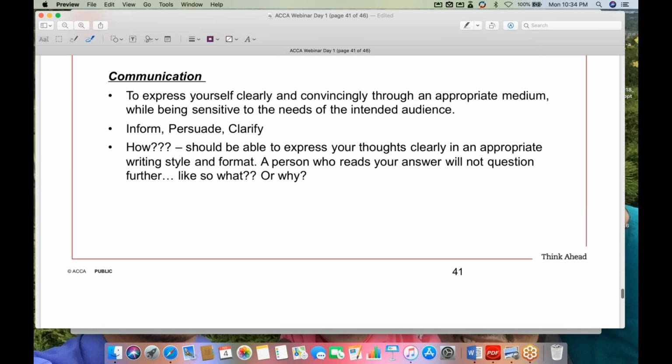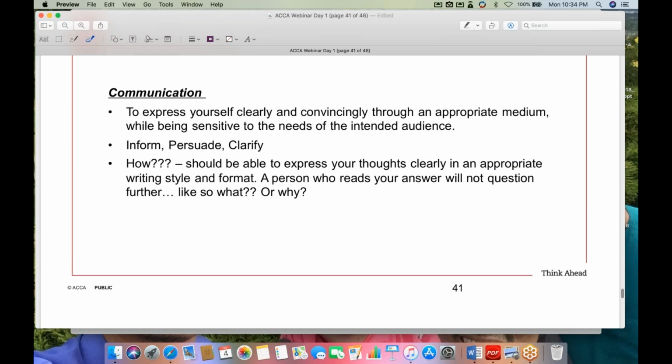Okay, the last part that I mentioned to you, when it comes to communication, you must remember that when you explain something, don't let a person who reads your explanation ask you back, so what? Why? Or something like that.